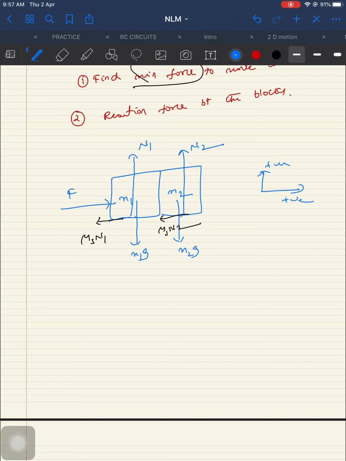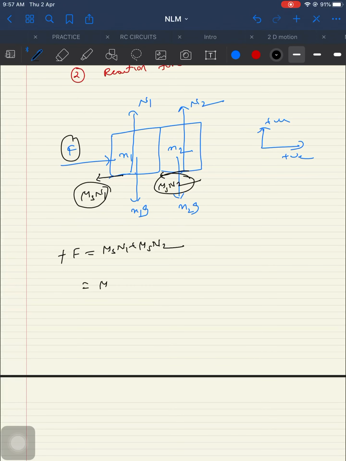Now right side force is equal to left side force. The right side force is the applied force F, and acceleration becomes 0, obviously. The left side forces are mu s n1 plus mu s n2, which I can write with mu s as a common factor: mu s (n1 plus n2).